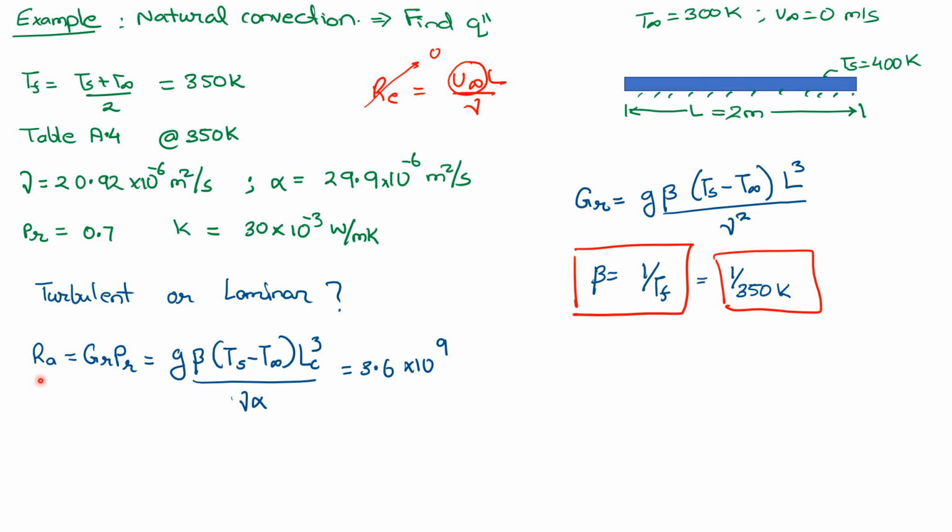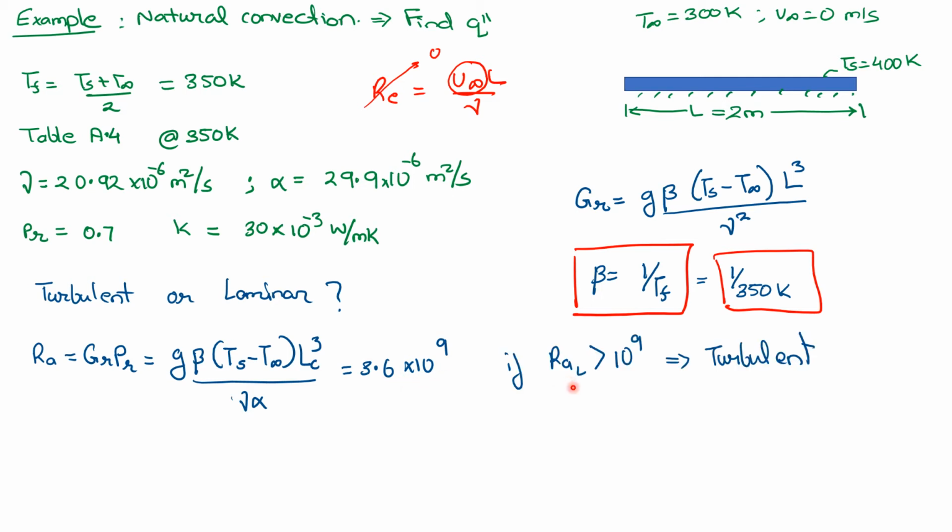So we'll do that using the Rayleigh number, and the definition of Rayleigh number is that it's the product of Grashof's and Prandtl's number. The only difference between the formula for Grashof number and Rayleigh number is that the denominator is different. So you'll have a mu times alpha here, whereas for Grashof's number you have a mu square. And on substituting these values, we get the Rayleigh number as 3.6 into 10 to the power 9.